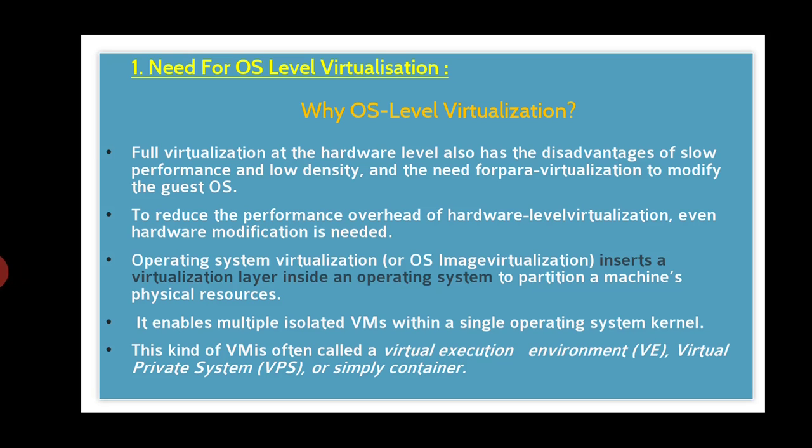Operating system virtualization, or operating system image virtualization, inserts a virtualization layer inside an operating system to partition a machine's physical resources. It enables multiple isolated virtual machines within a single operating system kernel.